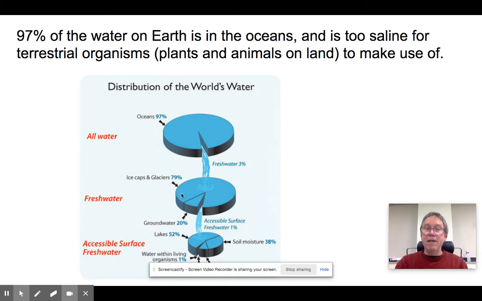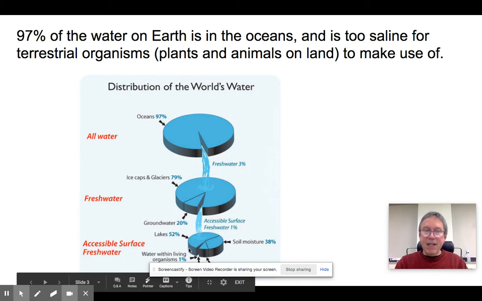Now, of this little 3%, about 80% is caught up in glaciers and ice caps. And then about 20% of this is in aquifers, in groundwater bodies. And that just leaves this little tiny sliver that's left over, like 1%. And that's what makes up our lakes and our soil and things that are inside our body.